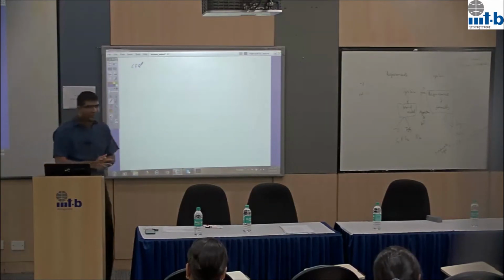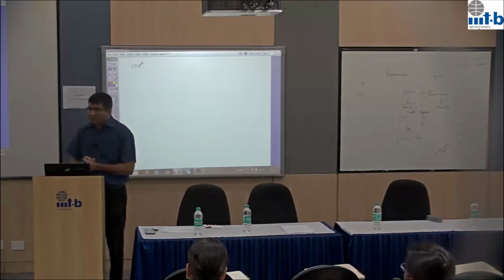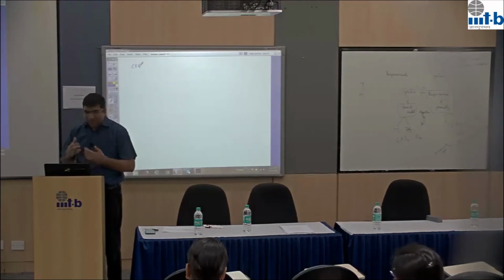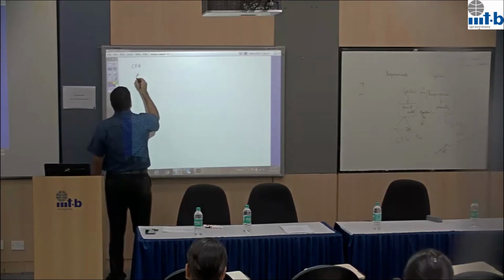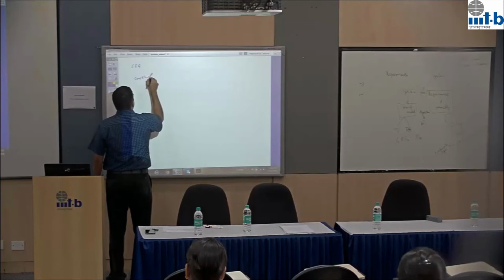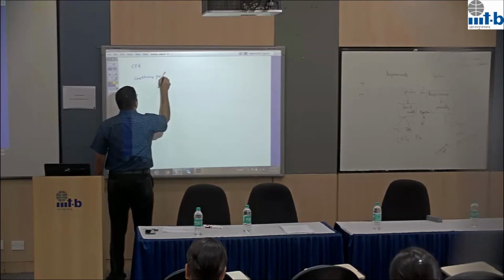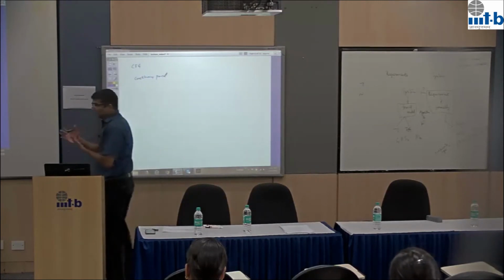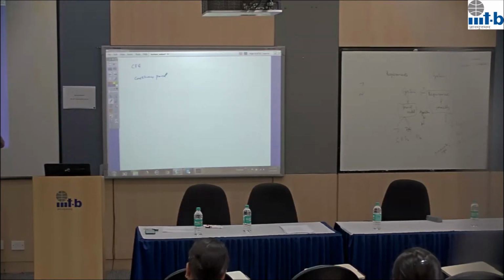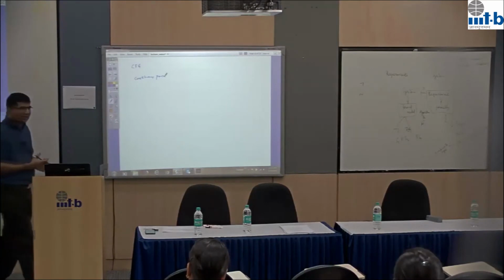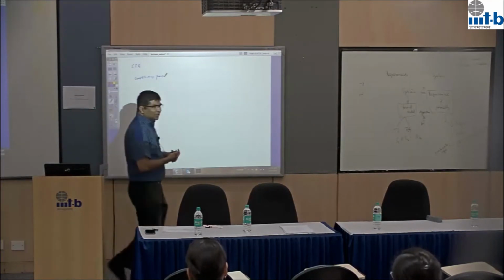Context-free grammars have basically come from what are called constituency parses of sentences. That is, if I take a sentence, can I reduce it into different constituents of that sentence? And so what does a CFG look like?